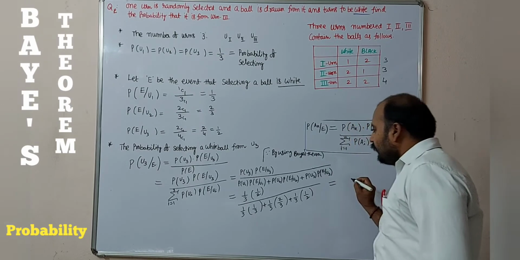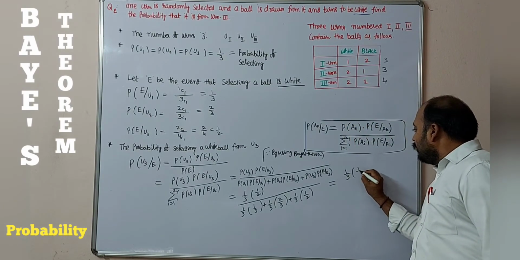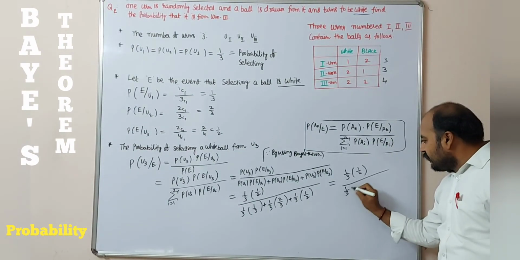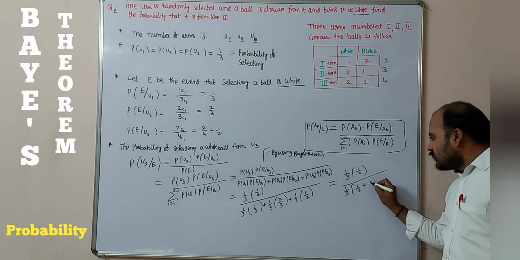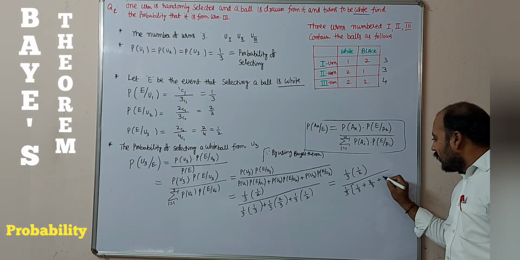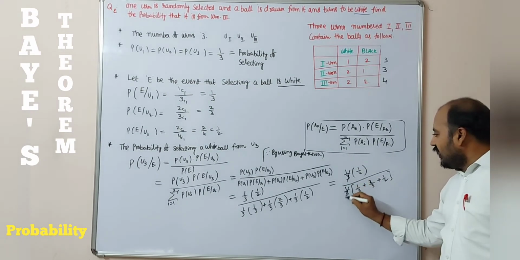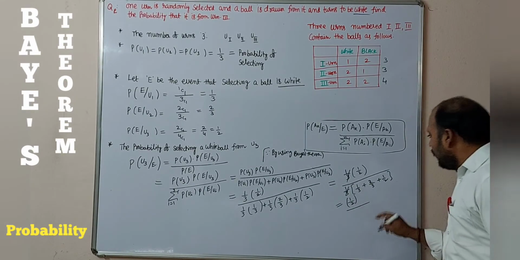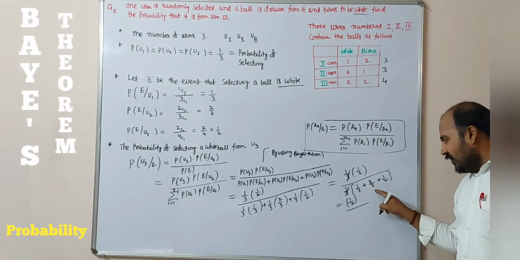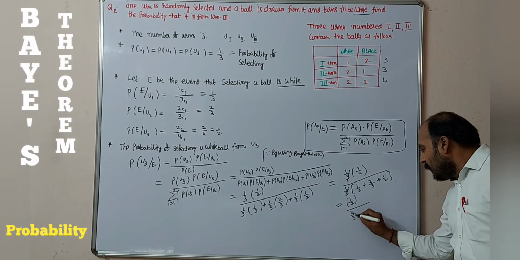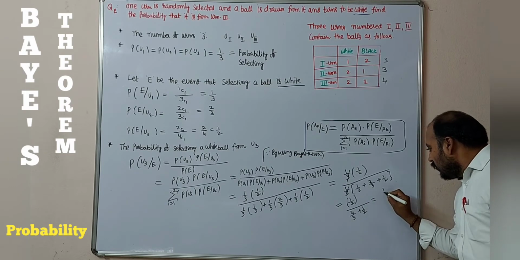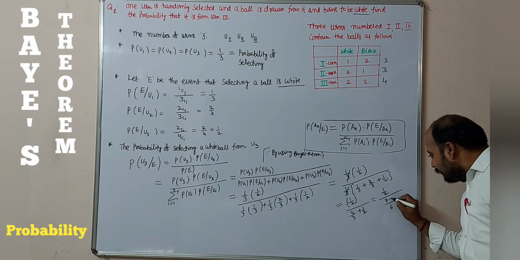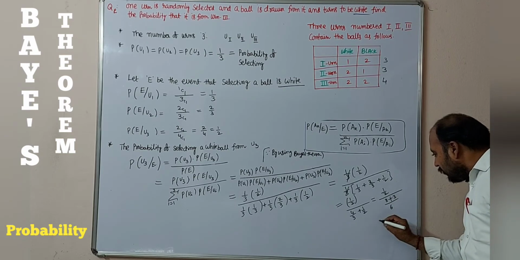So which is equal to 1 by 3 into 1 by 2, and in the denominator take 1 by 3 common. The rest of the terms are 1 by 3 plus 2 by 3 plus 1 by 2. So here 1 by 3 and 1 by 3 get cancelled, which is equal to 1 by 2 divided by 1 by 3 plus 2 by 3 plus 1 by 2.